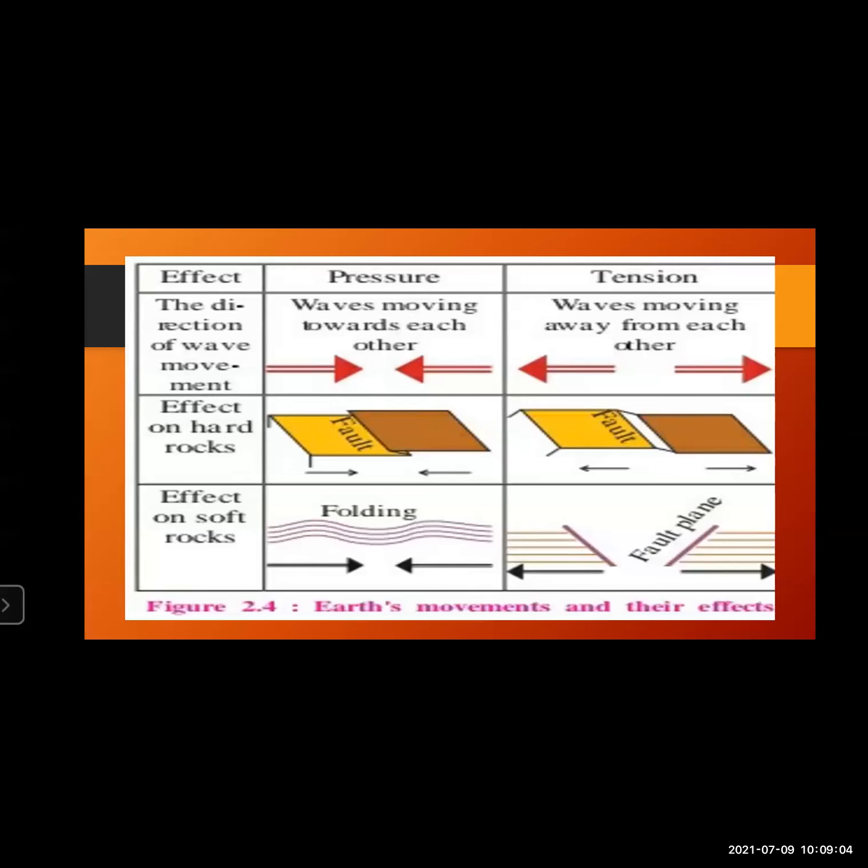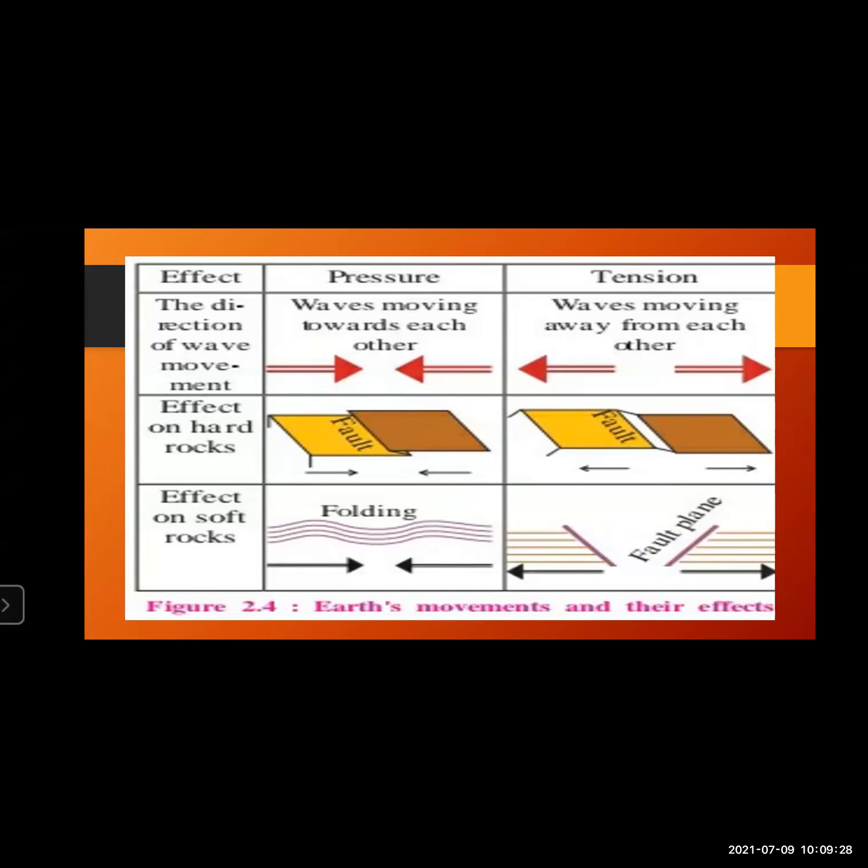When the waves are coming together toward each other, it is called compression. And when the waves are going away from each other, extending from each other, it is called tension or extension.